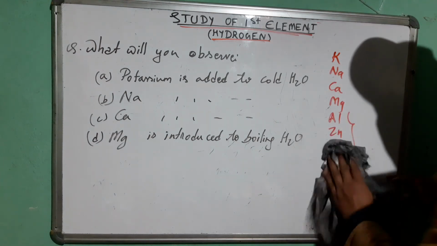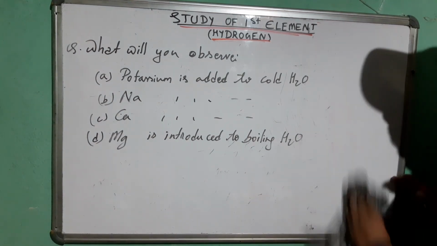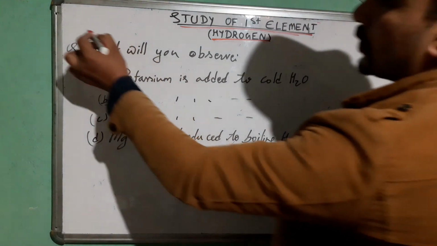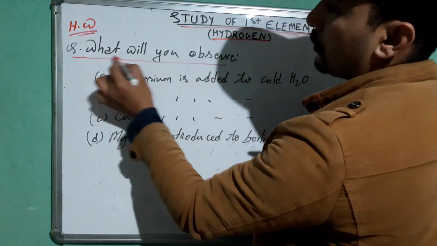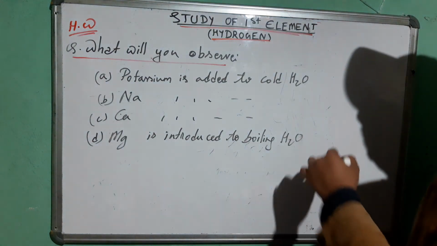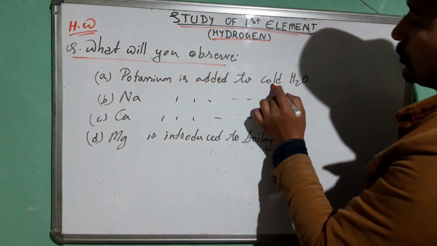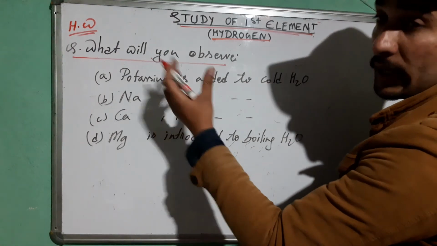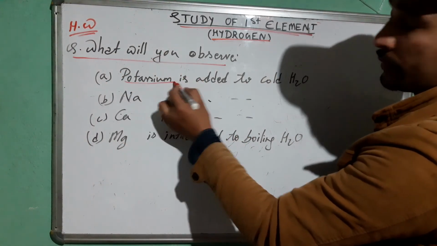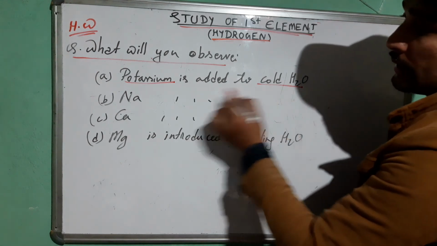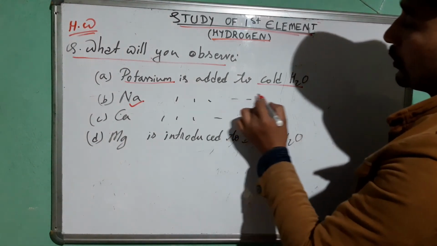Now I'll give you one homework. This is your home task. Your question is: what will you observe when potassium is added to cold water? Next, when you add sodium to cold water.